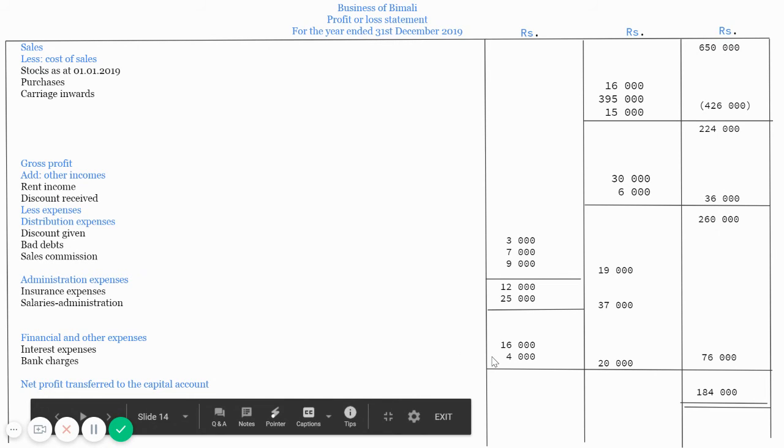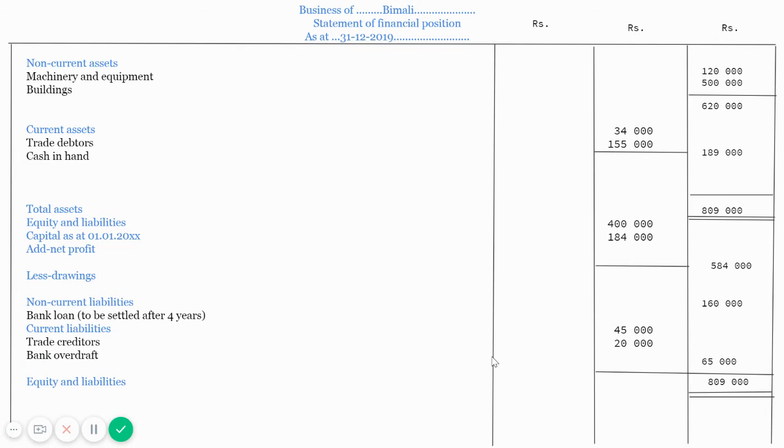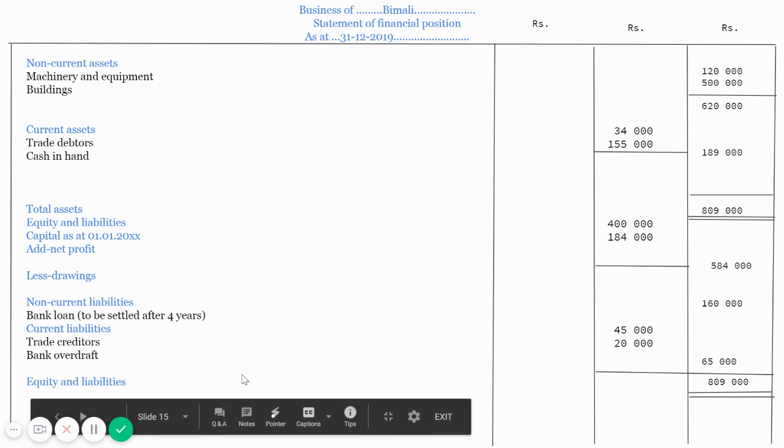Then we have to move on to the bank overdraft. Again, you know, bank overdraft is a current liability. So under statement of financial position and after trade creditors under current liabilities, we are going to list bank overdraft 20,000. It's a credit balance, bank overdraft.